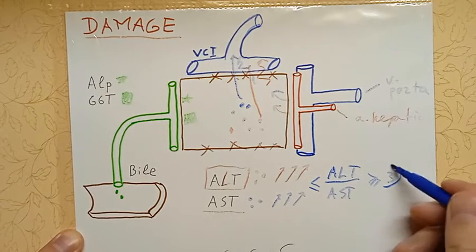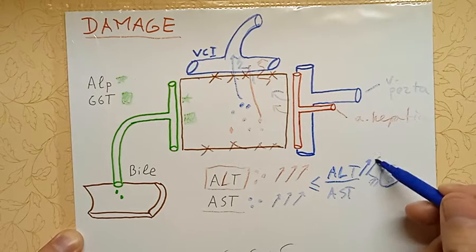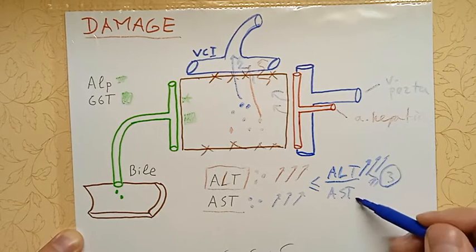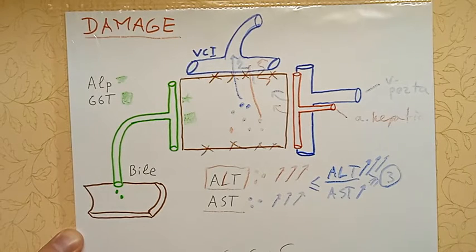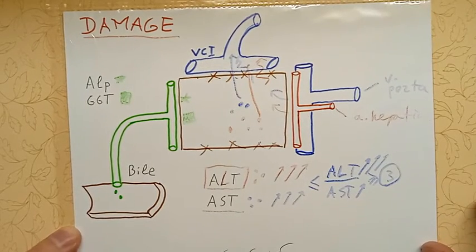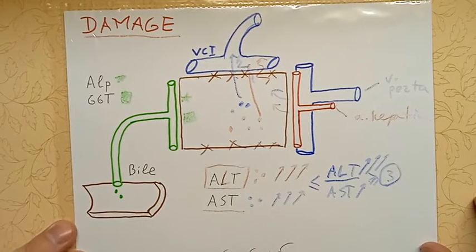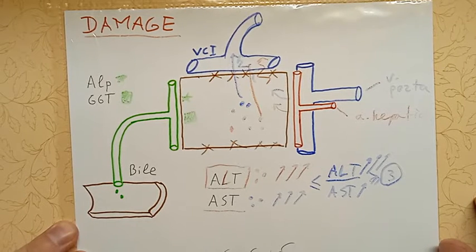So it's common when the elevation of ALT is much more than elevation of AST, it means a patient has a damage of the liver. So if you take a blood test and see the elevation of ALT and AST, you may say that the patient has a problem with the damage of cells of the liver.